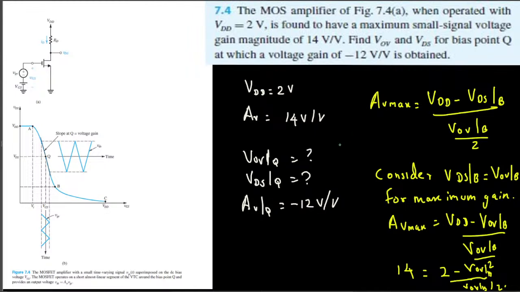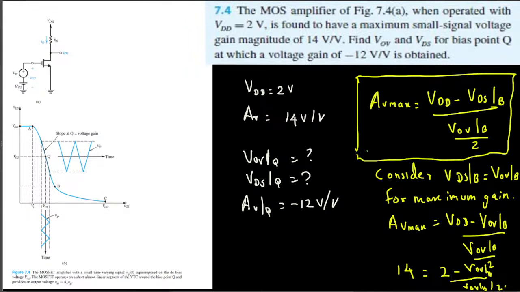To find the VDS value, we can use the gain equation again. This gain equation we can use anywhere.